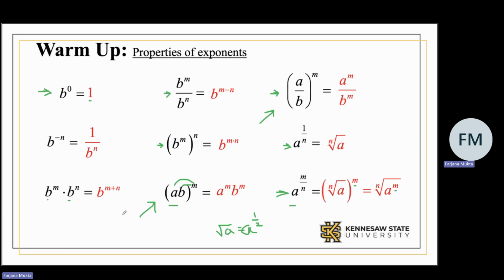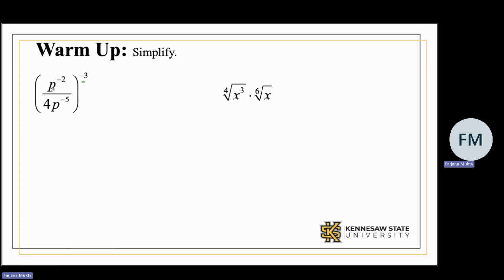But before that, notice that we have another property, which is this one. If we have the same base with exponent m and exponent n as a quotient, then we can subtract the exponents to combine them. Here on the top, we have p raised to -2, and on the denominator, we have p raised to -5.